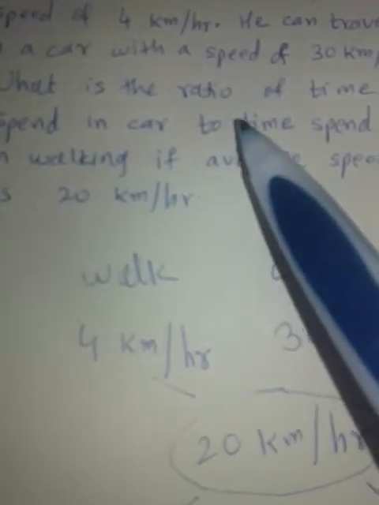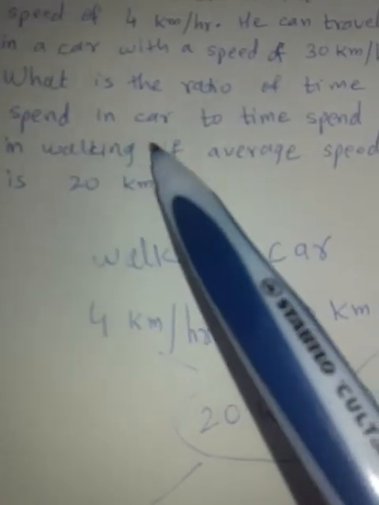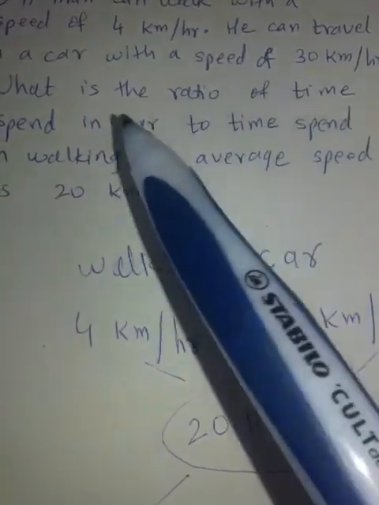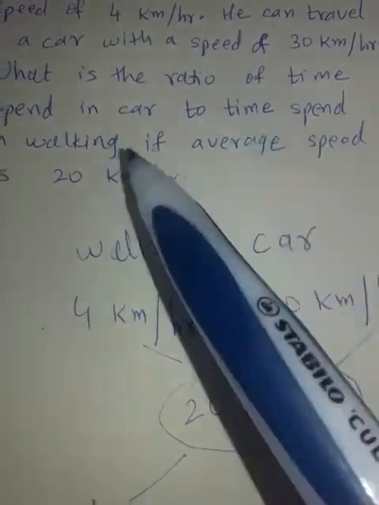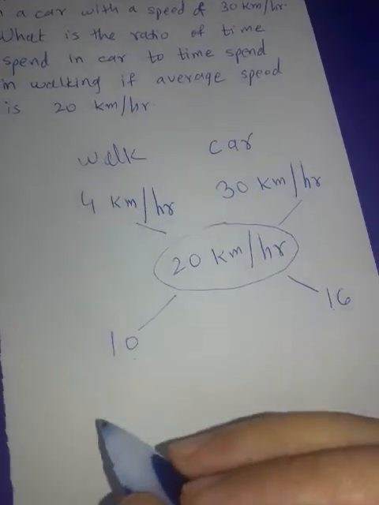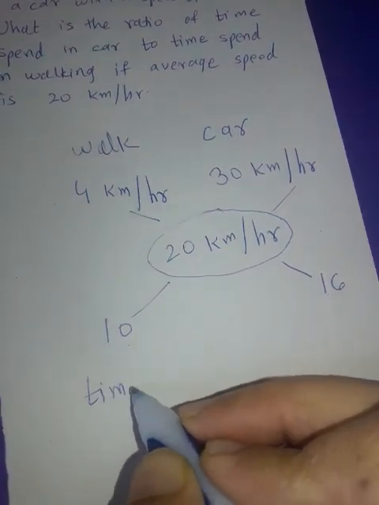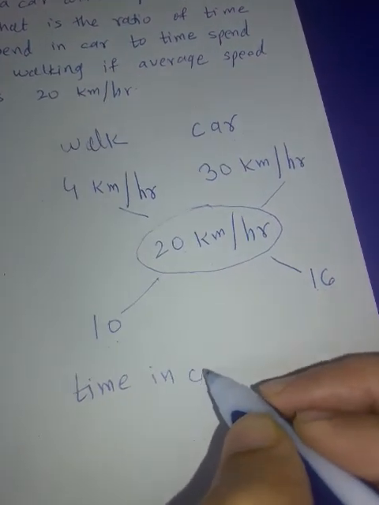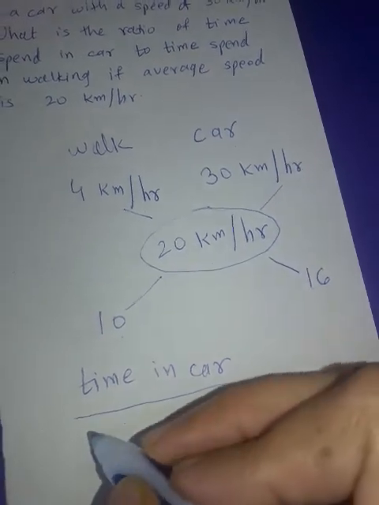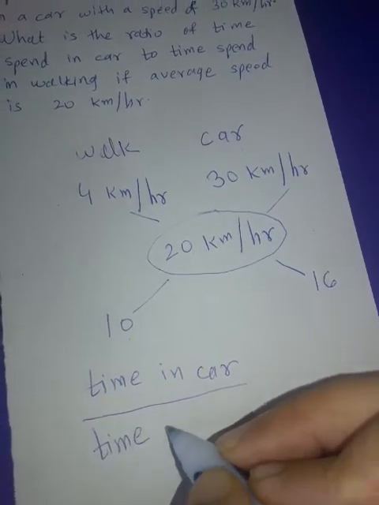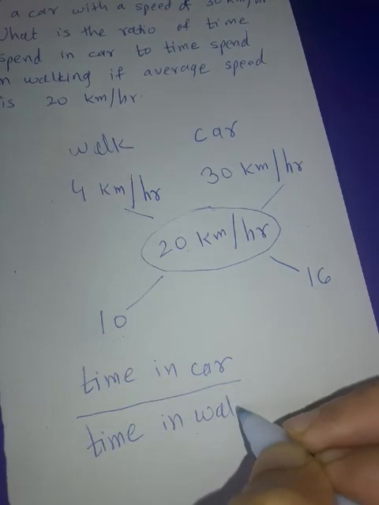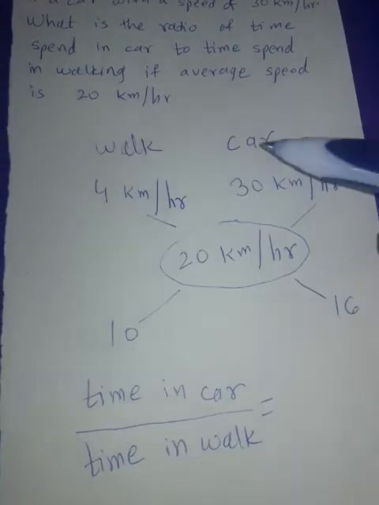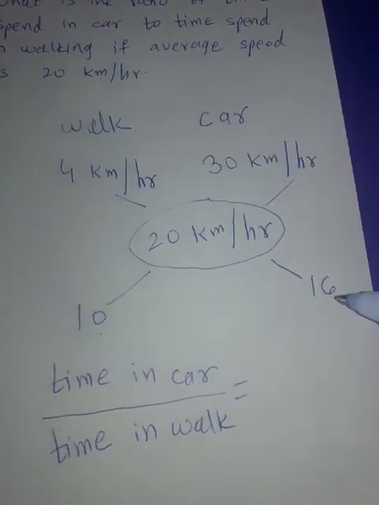That's the question. What is the ratio of time spent in car? Okay, here they are asking time spent in car to time spent in walking. So numerator is time in car and denominator is time in walking. Below car which number is there? 16.